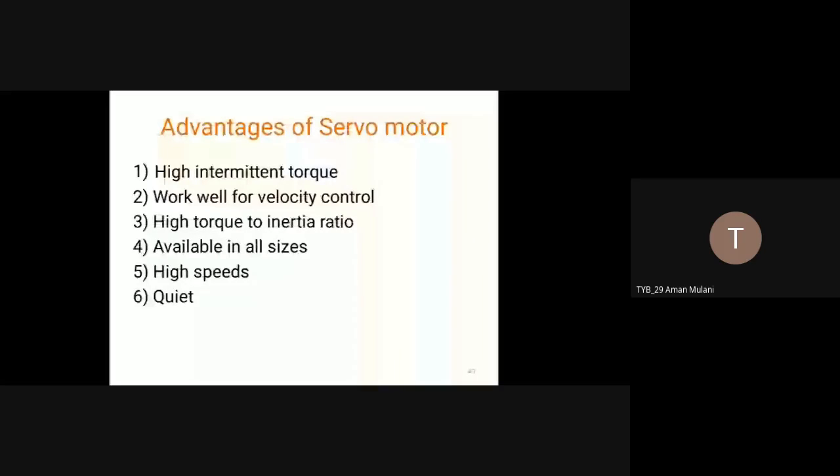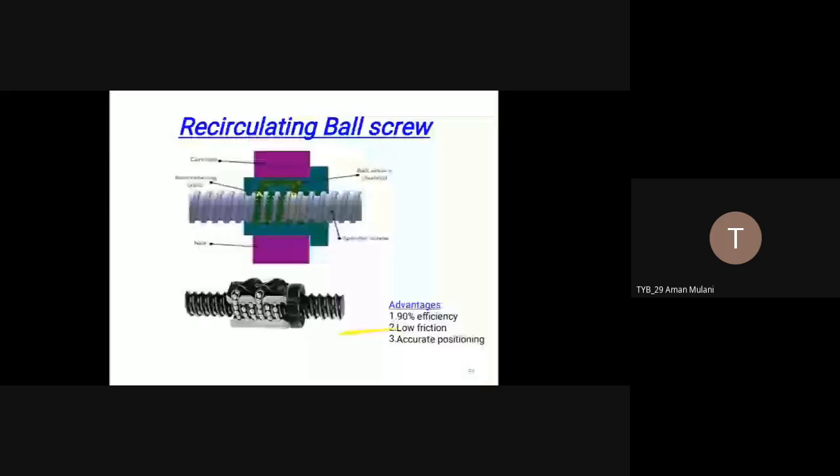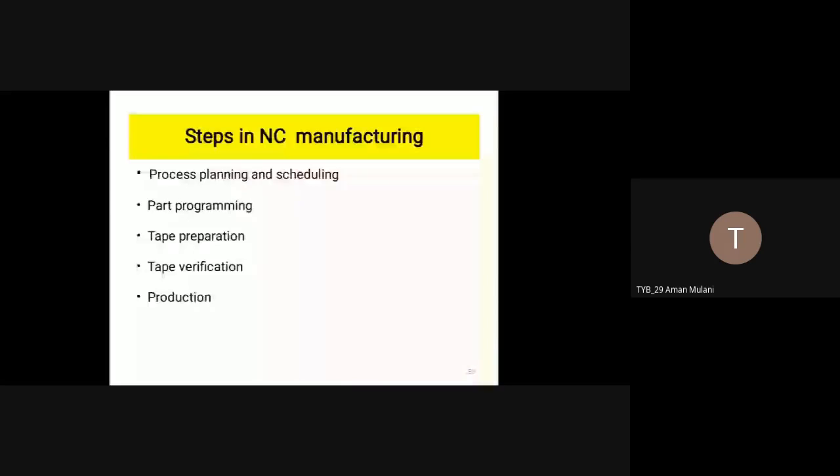Okay, so these are some important advantages of NC manufacturing over all the parameters, and there are some important steps while doing NC manufacturing. First we need to do CAPP, then scheduling, that is MRP also, then part programming, then tape preparation, then tape verification, and then finalize actual production. So these are the important steps in NC manufacturing.